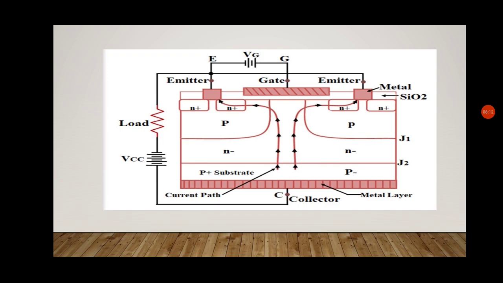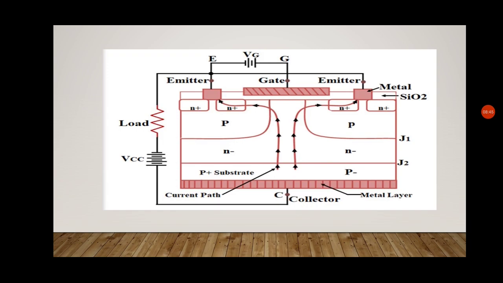Again, I am saying this J1 will be reverse biased, J2 will be forward biased. Because of J1 being reverse biased, we will not have any flow of current when there is no VG or VGE. But when we keep on increasing VGE, due to the capacitance effect, there will be negative charges accumulated within the P layer of J1 junction, and the current will start flowing as we go on increasing VG.